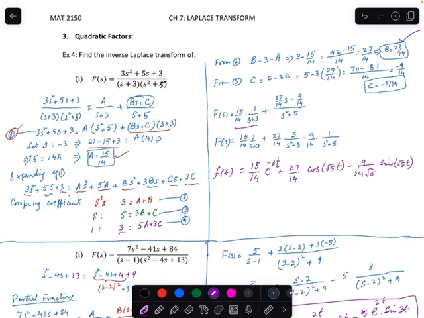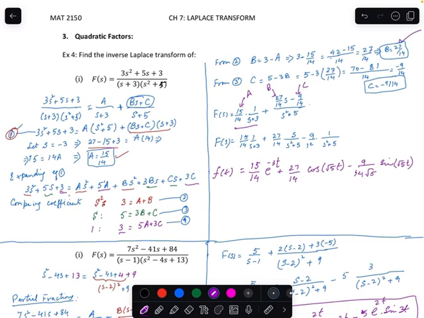So here, A over s plus 3, or 15 over 14 times 1 over s plus 3, plus this is, remember, A, this was B, and this is C with the negative sign. So now I am going to split the second term and write it as a sum of two terms.